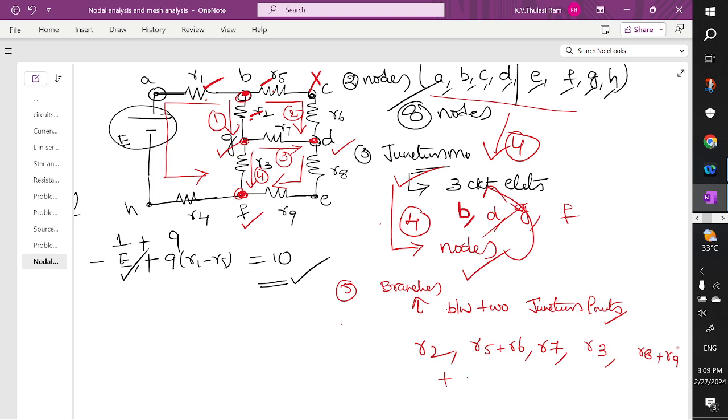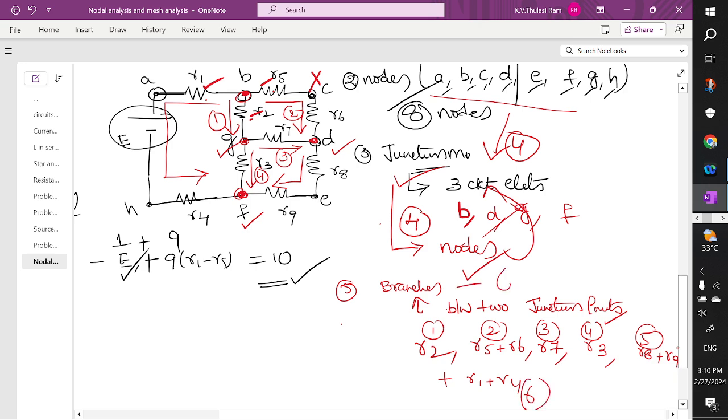So totally you have 1, 2, 3, 4, 5, 6. Therefore, the number of branches for the given network is 6.